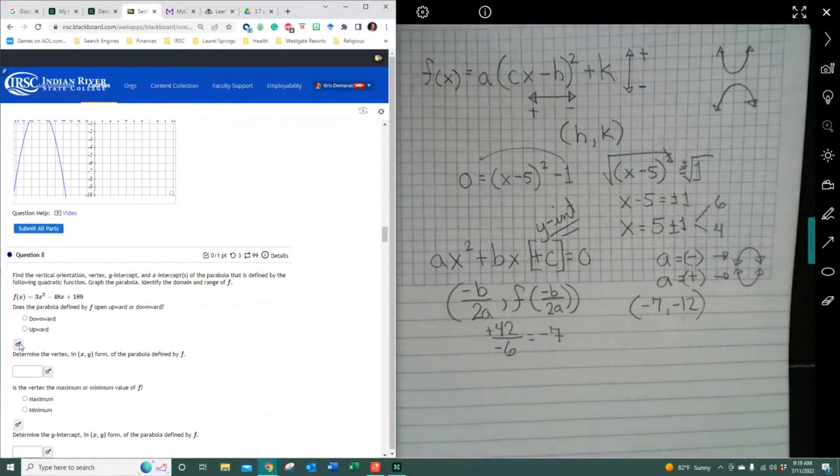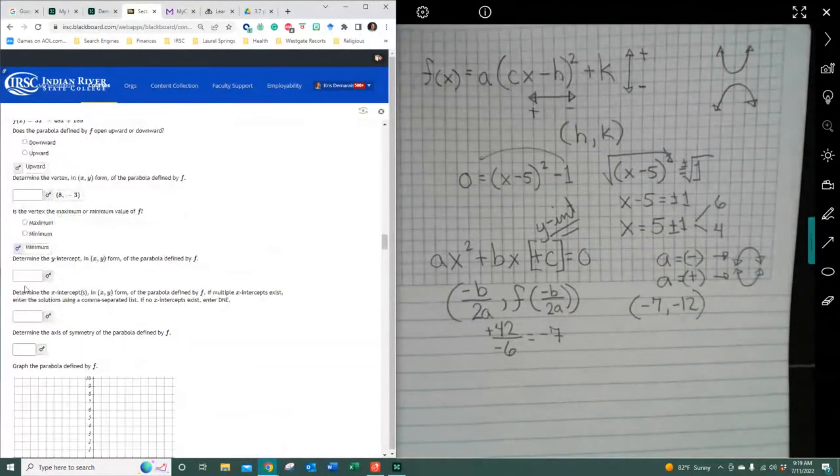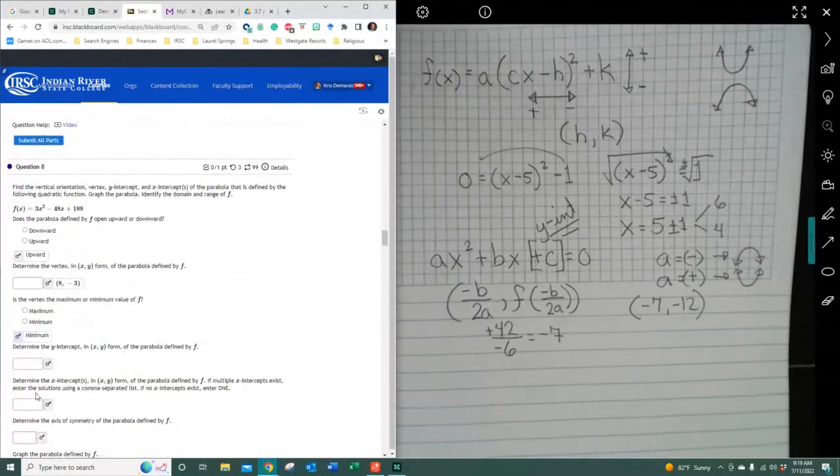But you should understand that this is an upward bound parabola. The vertex is negative b over 2a, and then you insert it back into the equation, and you get 8, negative 3. It's going to be a minimum. Your y-intercept is going to be 189, so it's 0, 189.